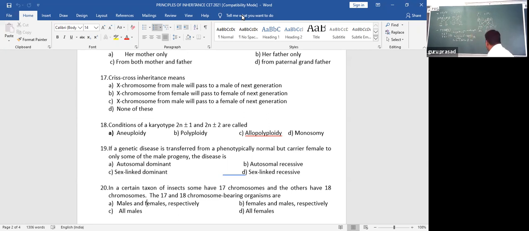As you know, grasshopper sex determination is XX and XO type, where females are designated by XX and males are designated by XO. So O is nothing but zero, nothing is there. Therefore, they may have 18 and they may have 17. So 17 male, 18 female. That's the answer, and that is option A.